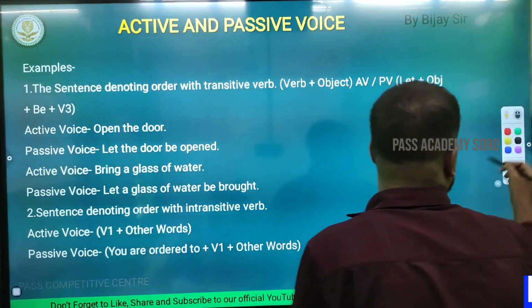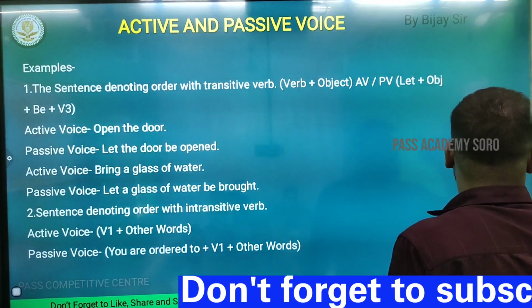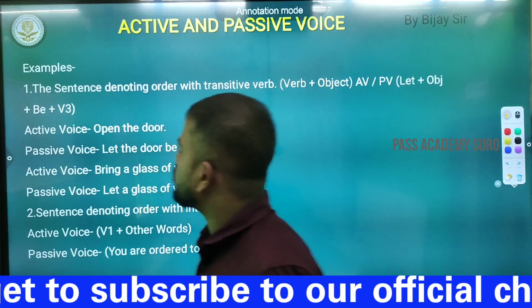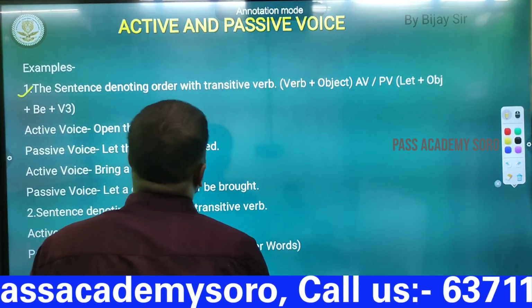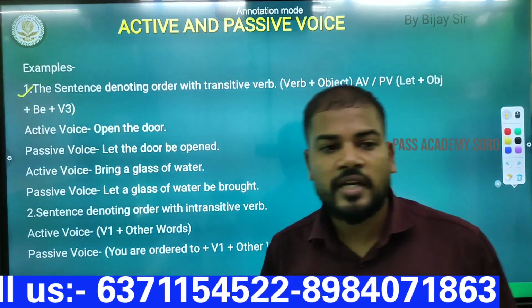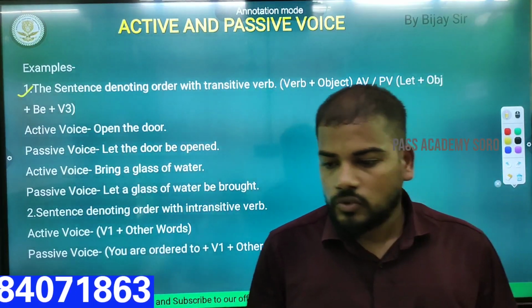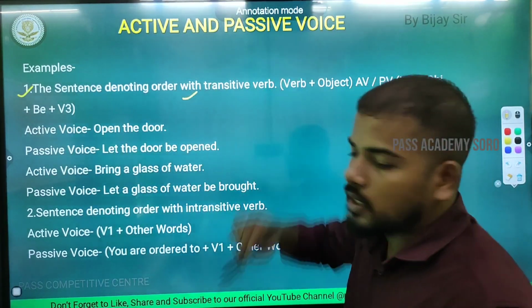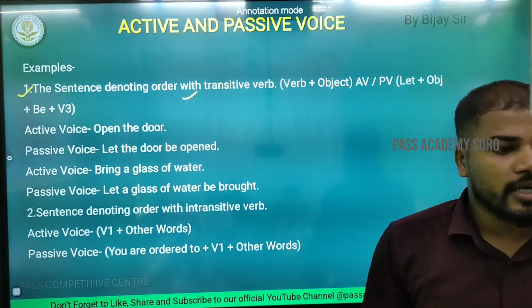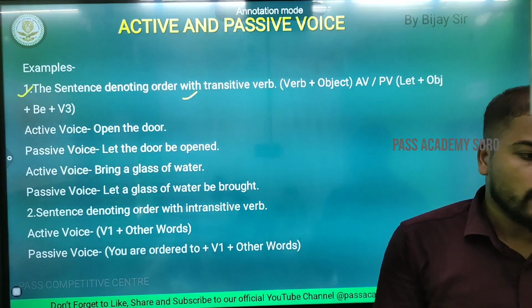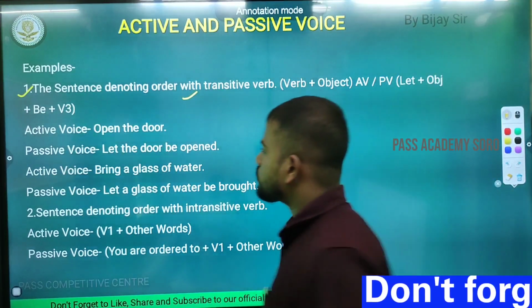Now we will go for the next structure of the imperative sentence. Dear student, look at the examples here. The sentence denoting order with a transitive verb. If there is a transitive verb in our imperative sentence in active voice, what will be the passive voice?